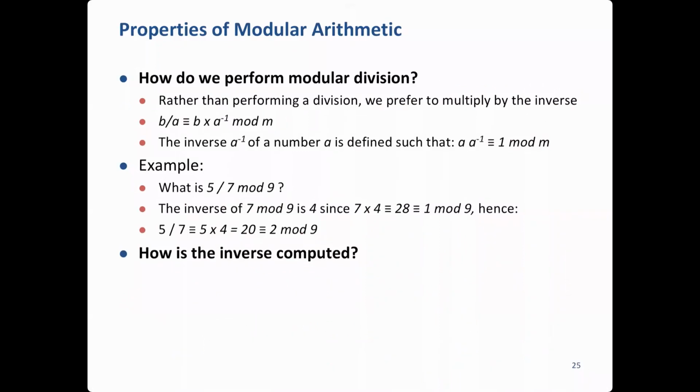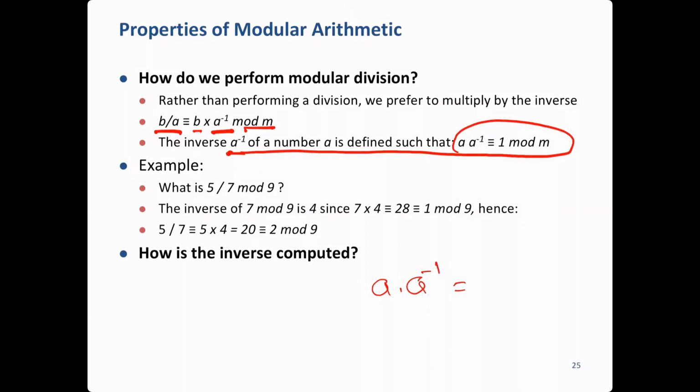Similarly, we do modular division. If we have b by a, we can write b into a inverse mod m. What is an inverse? Inverse is a number we define where a into a inverse is equivalent to 1 mod m.